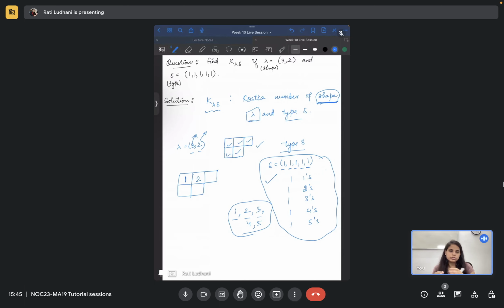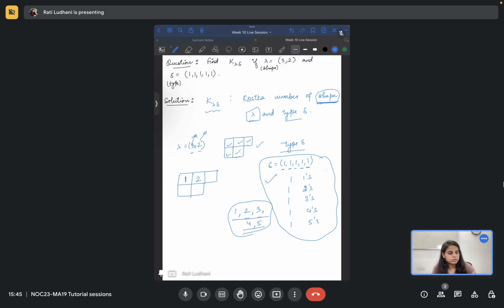Weakly increasing means you can have 1 1 2, or 1 2 3, which is strictly increasing, and you can have 1 2 2 also. But we have only one of each number from 1 to 5.